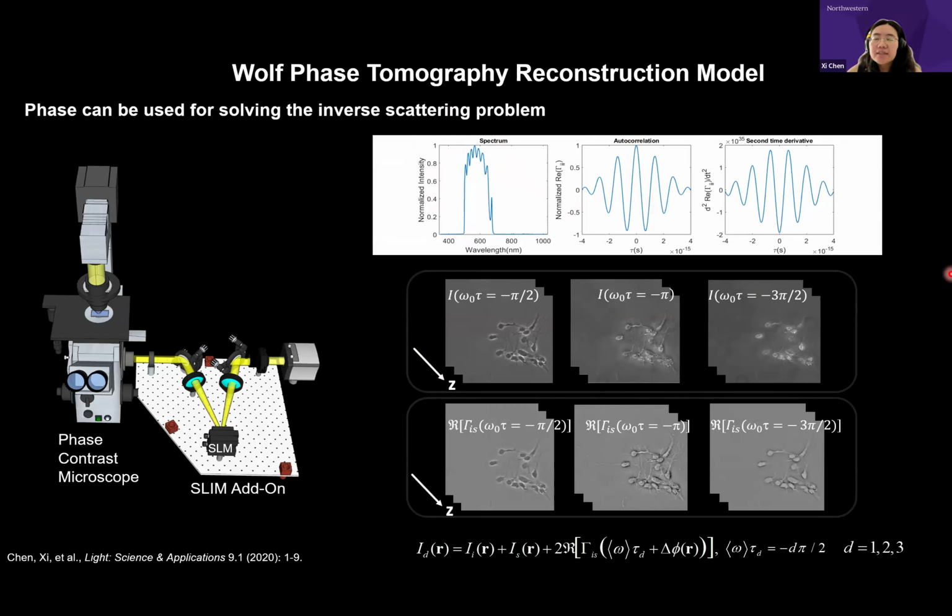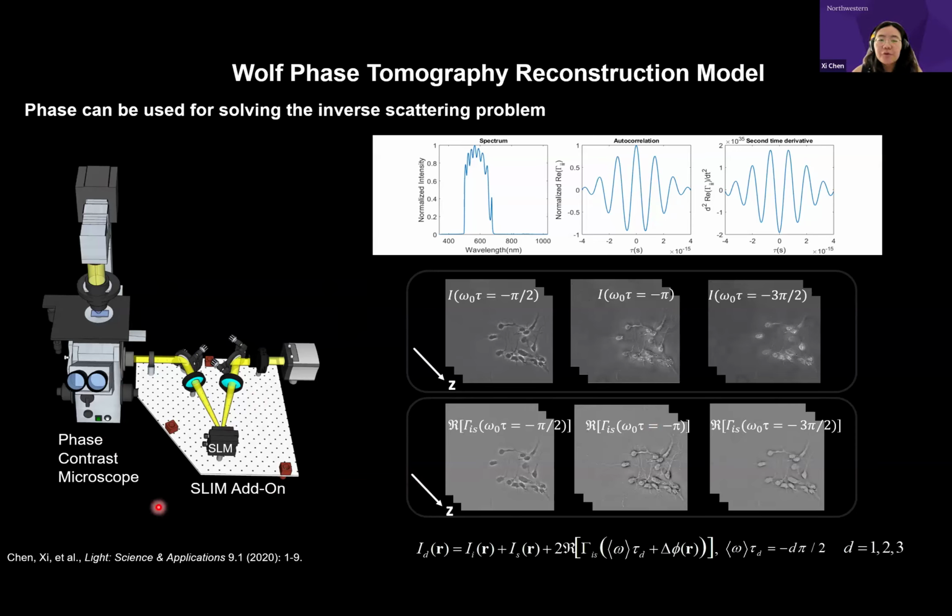The gamma IS term is a little bit trickier to solve, and we need to depend on an imaging modality that can give us the QPI phase term. In this project we used a phase contrast microscope with a SLIM add-on.